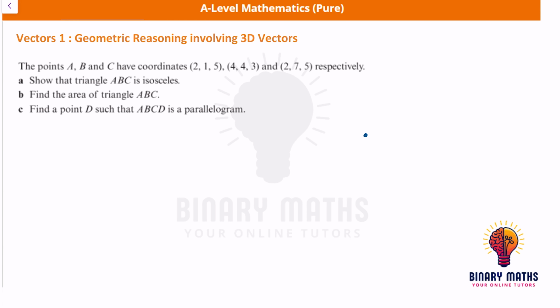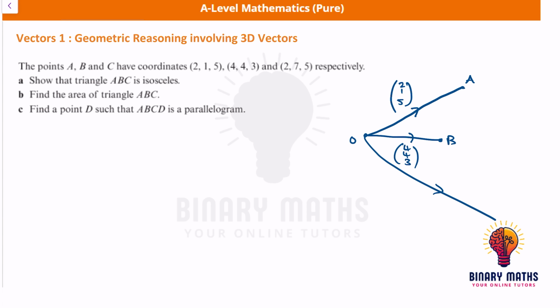Because they're coordinates, I can change them into position vectors. From O to A, the position vector is (2, 1, 5). From O to B, it's (4, 4, 3).